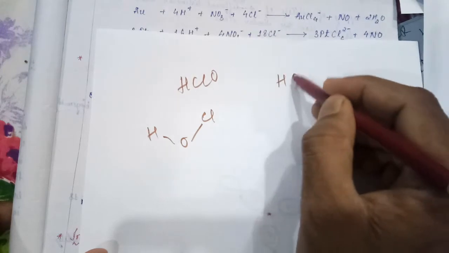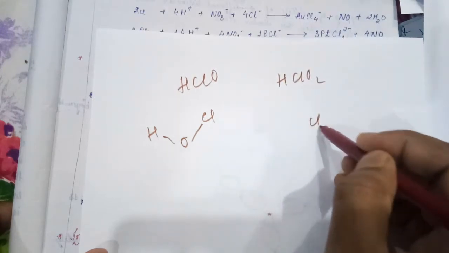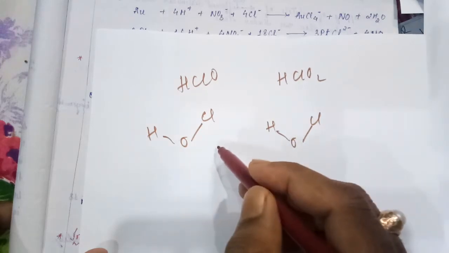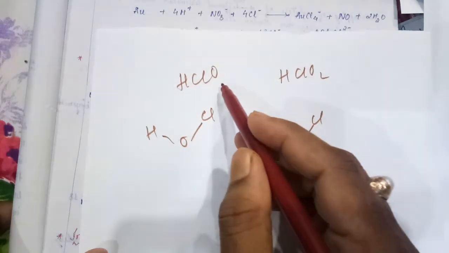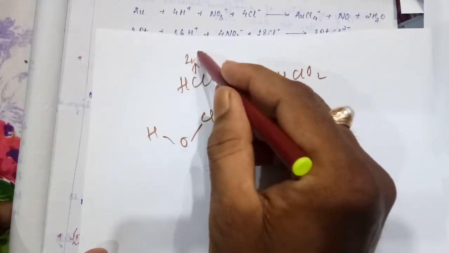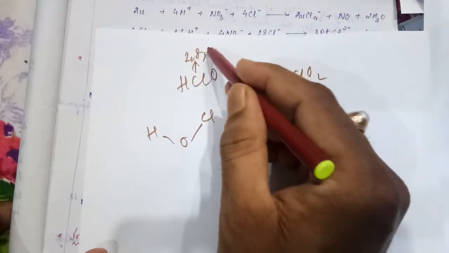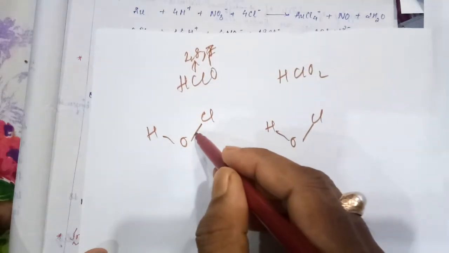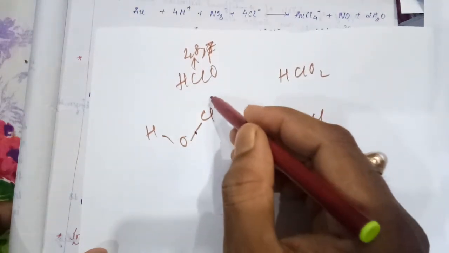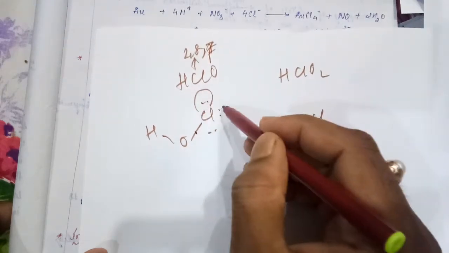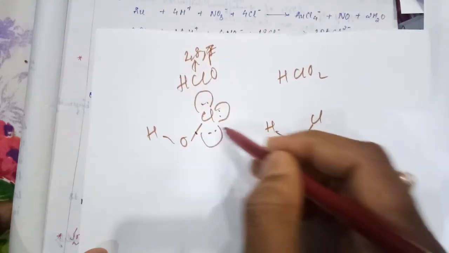For HClO2, Cl first forms the bond like that. This bond is common. Now in HClO, the chlorine electronic configuration we have learned is 2, 8, 7, so it can form 7 bonds. Here only one electron is used, so 6 electrons are left unused. So this is a lone pair, this is another lone pair, another lone pair.